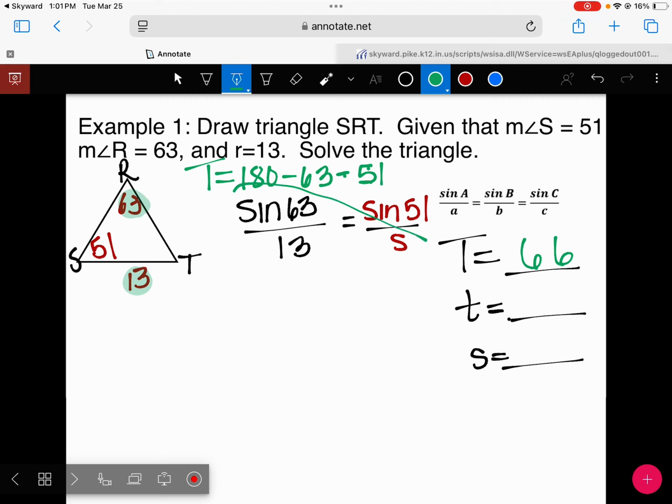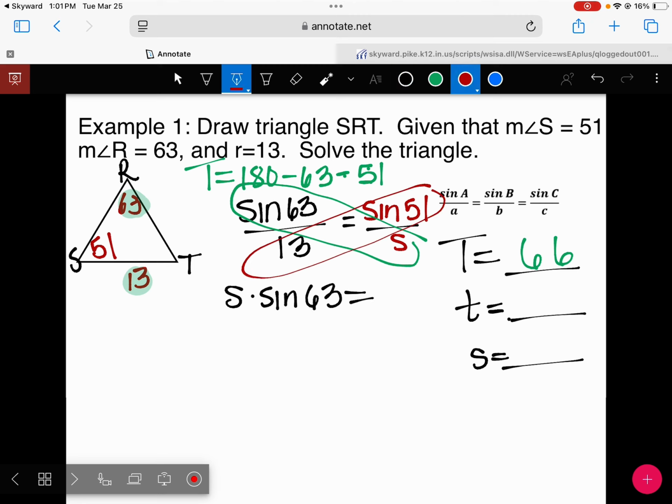So if I go this direction, I would have S times the sine of 63. And then if I go this direction, that equals 13 sine 51.